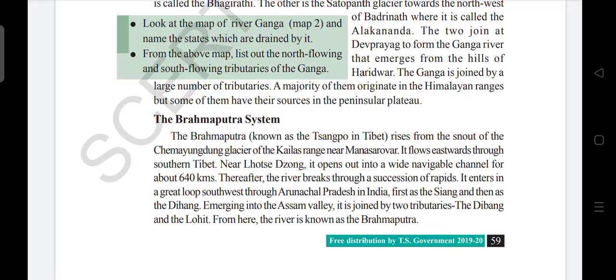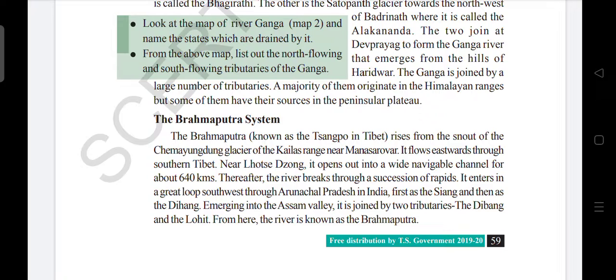So, what about the Brahmaputra here? The Brahmaputra rises from the snout of the Chemayungdung Glacier in the Kailash ranges near Manasarovar. It flows eastwards through southern Tibet near Lhatse Dzong.